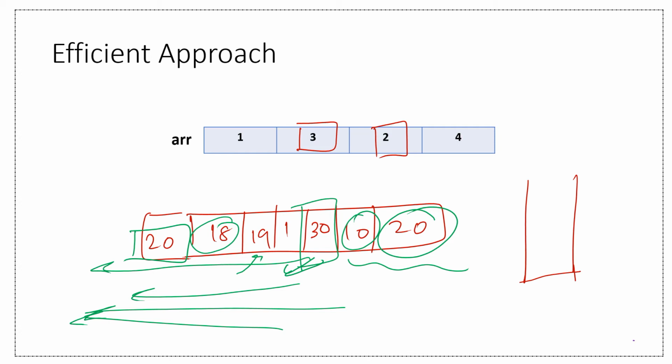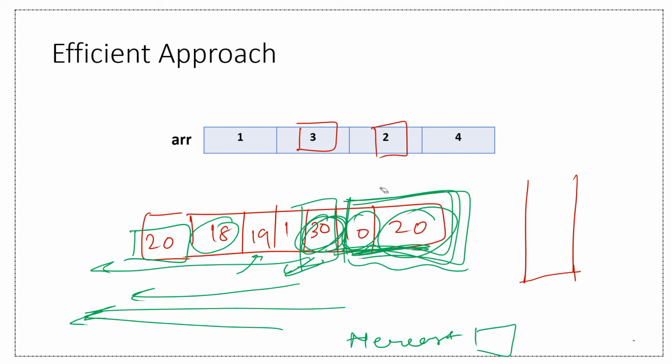Because we need to find the nearest number which is greater than it, but these two elements are smaller than 30, so they are of no use for the elements which are there. Now suppose after 10, 20 there is 50. Now we know that 10 and 20 are of no use.